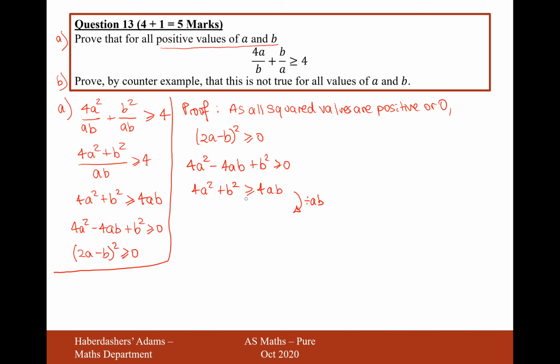Now we have to write a reason why this is allowed here, because this is allowed without affecting the inequality.